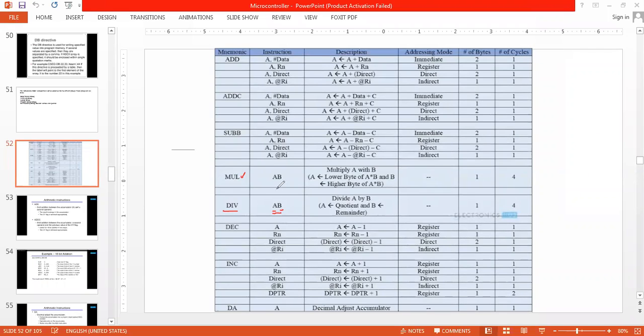So 5 into 5 in multiplication, and 5 divided by 5 here. DIV AB, so it will be A divided by B. What is the result I am going to get? Quotient and remainder, no? The quotient will be stored into A and the remainder will be stored into B.